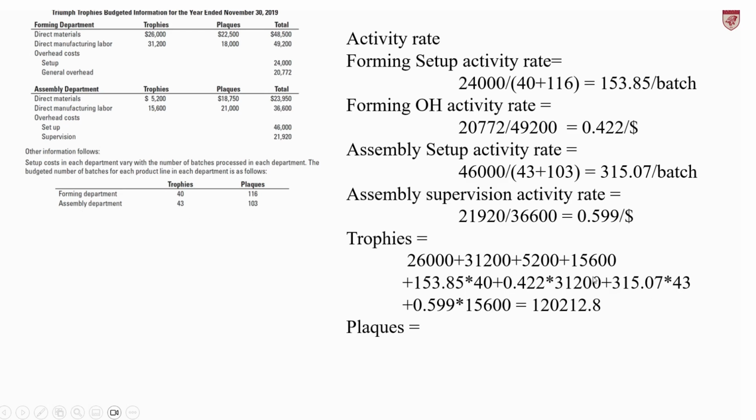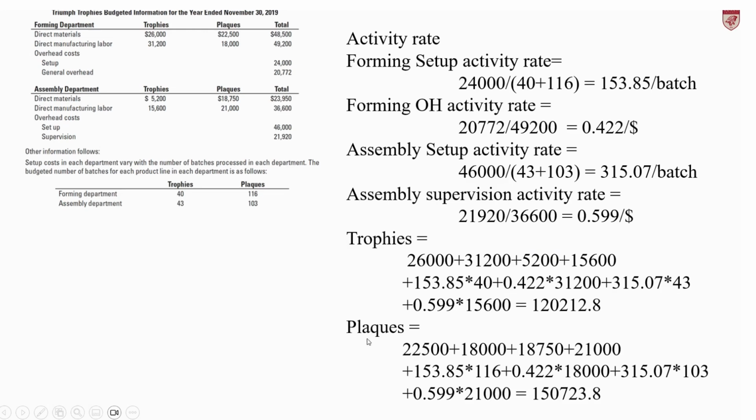So times 43 plus 0.599 times the labor cost in the assembly department for trophies, which is 15,600. Okay, so this is the number that you should get as well. Of course, you would have to add up all the direct material and direct labor costs across all departments.